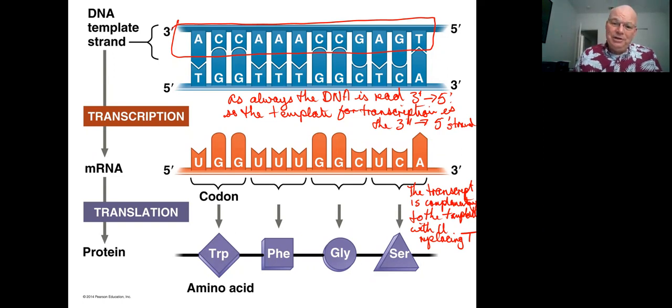In DNA replication, however, the copying involves both strands, the leading strand and the lagging strand. Here, only one strand serves as a template. The other strand is often referred to as the non-coding strand.